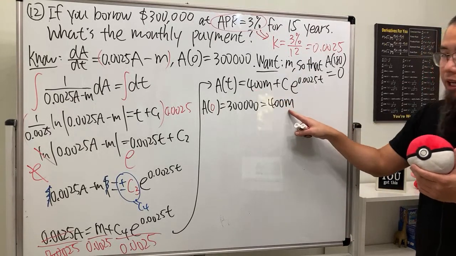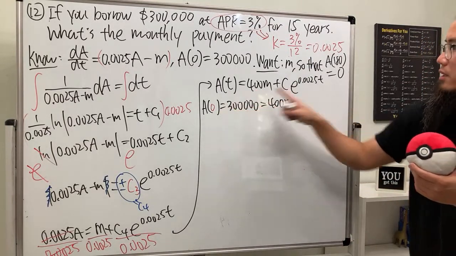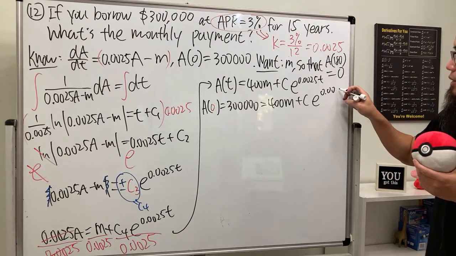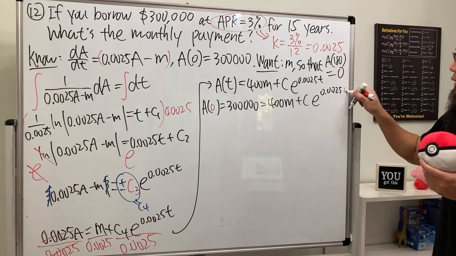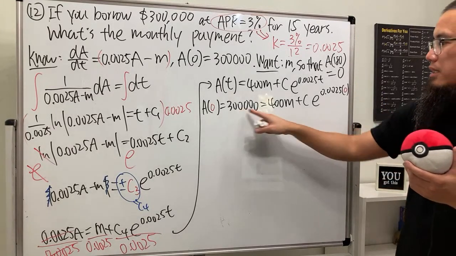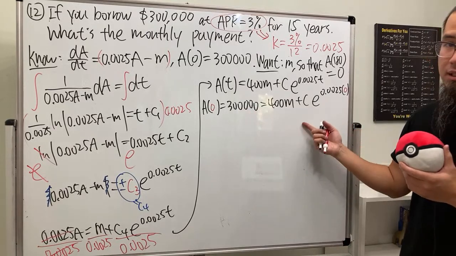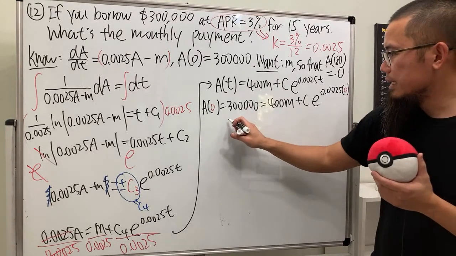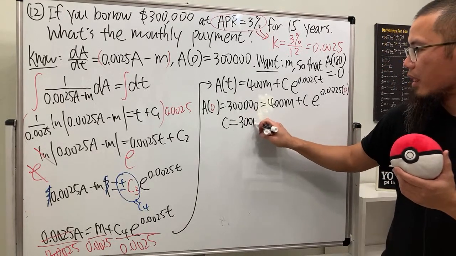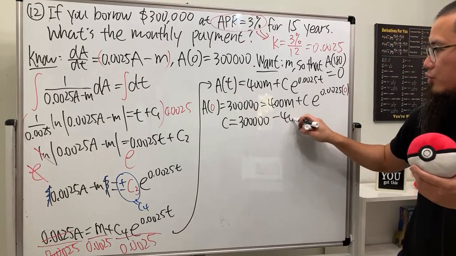So we have 400M right here. t is 0, so we have just plus C e to the 0.0025 times 0 here. So this is just 1. So that means this is equal to this plus C. So I will tell you C is equal to, bring this to the other side, 300,000 minus 400M.